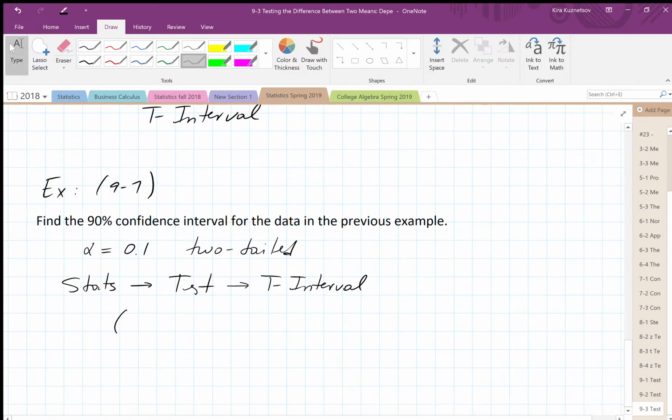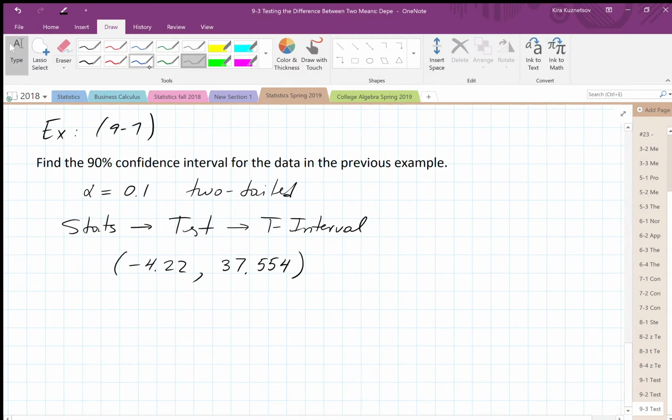The interval spits out these numbers: negative 4.22, comma 37.554. The fact that this is negative and this is positive, you see, from negative to positive, I know on this side it looks like mu1 is actually less than mu2, so it increased cholesterol in some people.